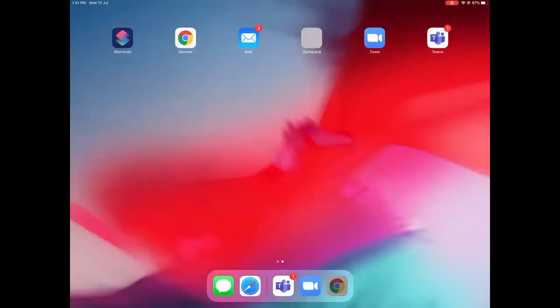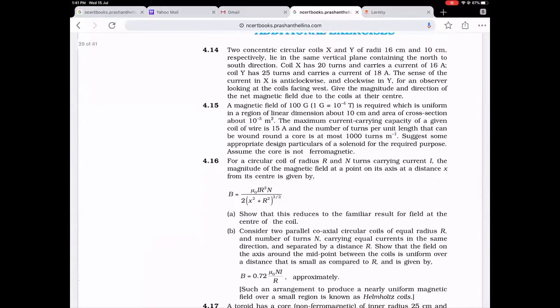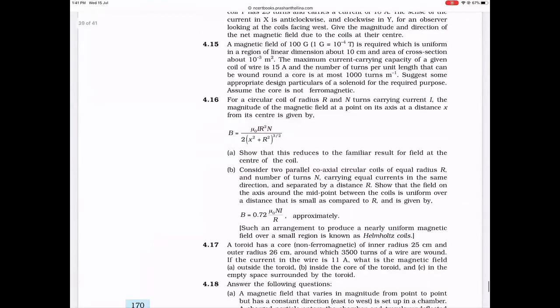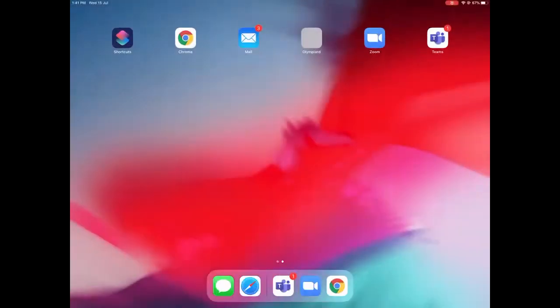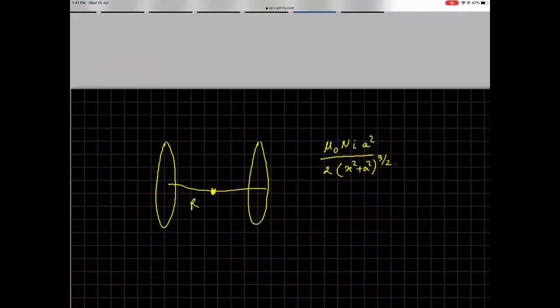They are asking you to consider two parallel coils, of equal radius r, carrying equal currents and separated by a distance of r. So if they are separated by a distance of r, now this is also r. The total magnetic field will be 2 times the magnetic field due to the first.